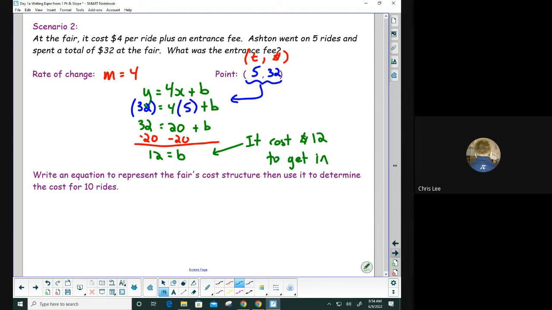So now that I know what the slope was, and now that I know what the y-intercept is, give me the equation. Y equals 4x plus 12.